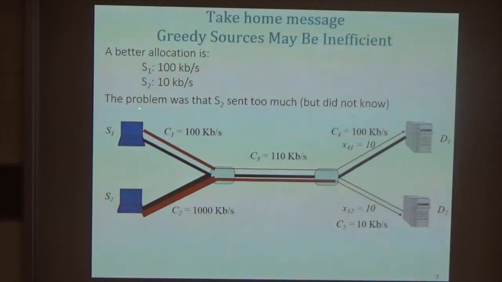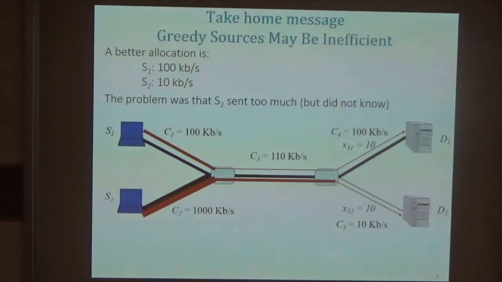Now we can understand a bit why the problem was occurring. The problem was that S2 sends too much. S2 has sent 1,000 kilobit per second of traffic, and this traffic is competing with the traffic from S1. But out of this 1,000, only 10 will make it through. So we have a system inefficiency.